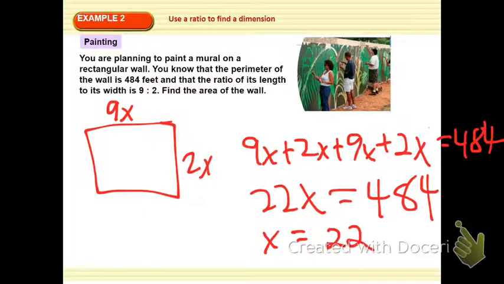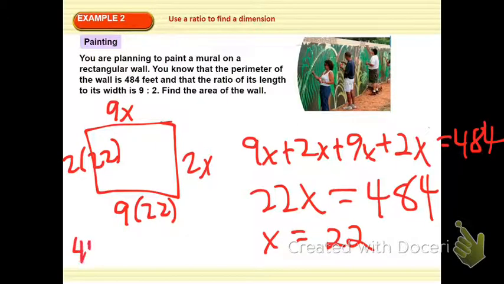So this becomes 9 times 22 on this side, and this is 2 times 22. So it's going to be 44 times, what is 9 times 22? 198. All right, so 44 times 198 gives me what?